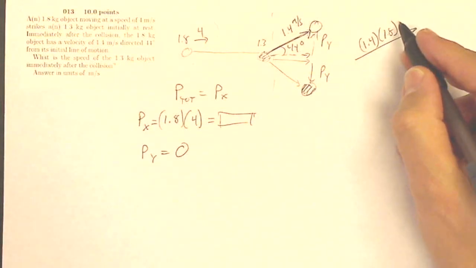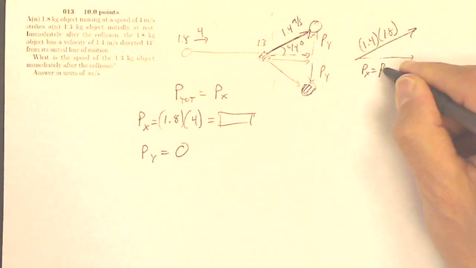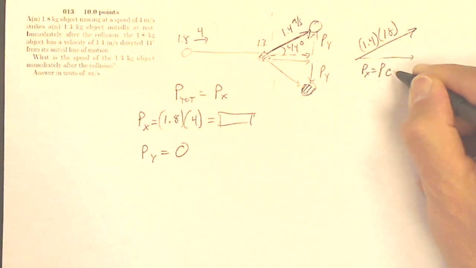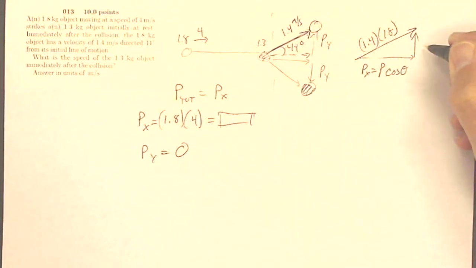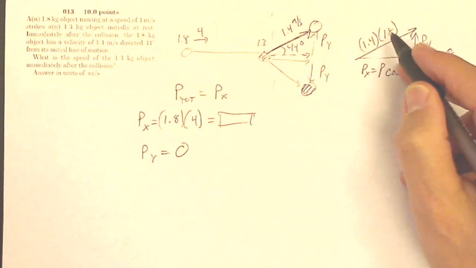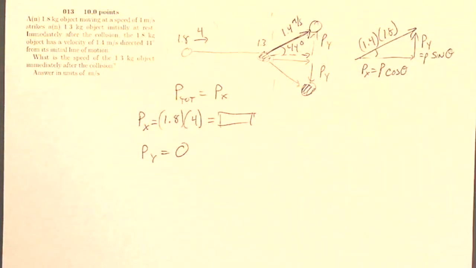That's my momentum in this direction. Well, that gives me a Px equals my total momentum times the cosine of the angle, 44 degrees. This momentum is Py, and that's going to be my momentum times the sine of the angle. So this momentum is 1.4 times 1.8 times the sine of the angle there.